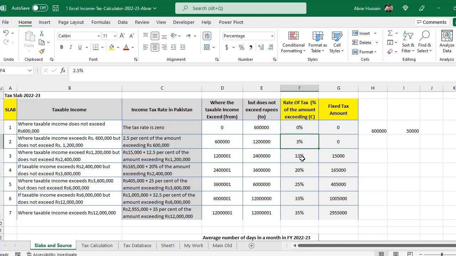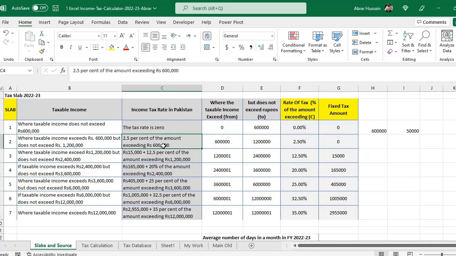Here you can see this is 2.5%. So what I did, I obtained that percentage. Now there are two things in the tax that you need to consider. One is the percent rate and the other is the fixed amount. So in this slab, there is no fixed amount.